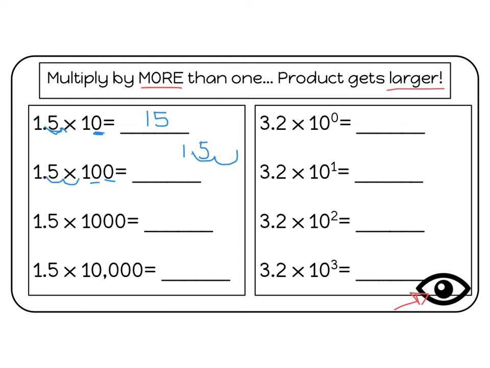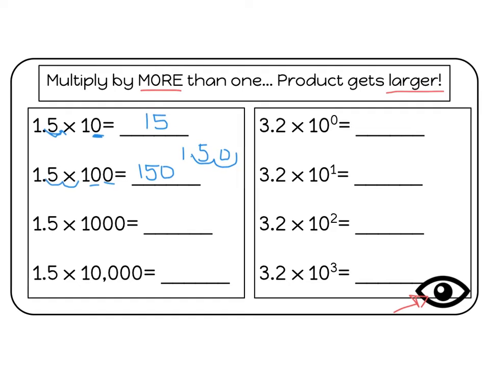So in that hole, I'm going to put a 0. So my answer is going to be now 150. So now it looks like I just added a 0 on the end. It is important to know that these numbers still have decimals. They're just at the end here of our numbers.